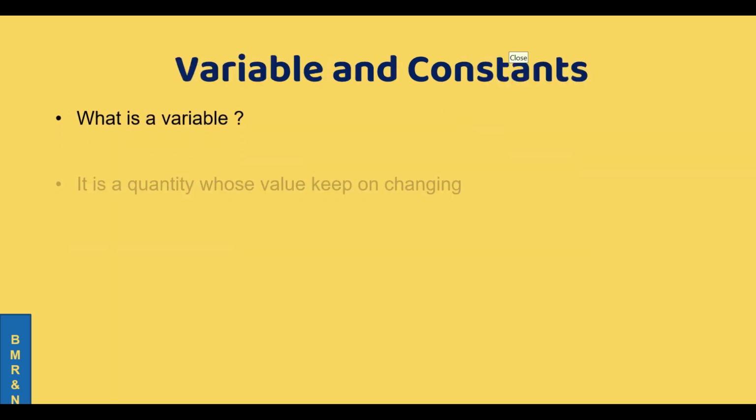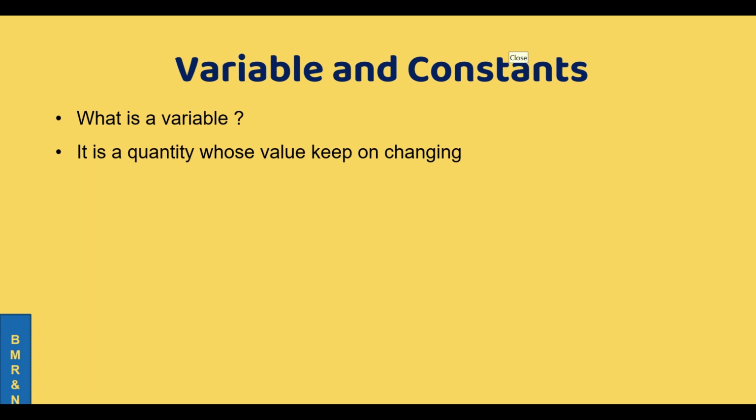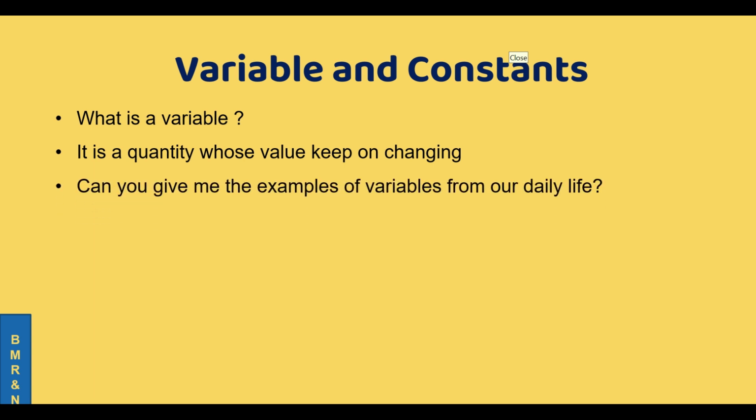Variables and constants. What is a variable? It is a quantity whose value keeps on changing. For example, in our daily life, temperature is changing all the time, and time itself is changing all the time. So the quantities which keep on changing are variables.